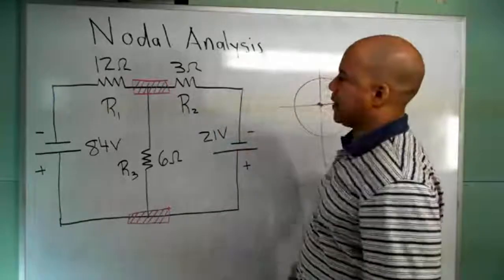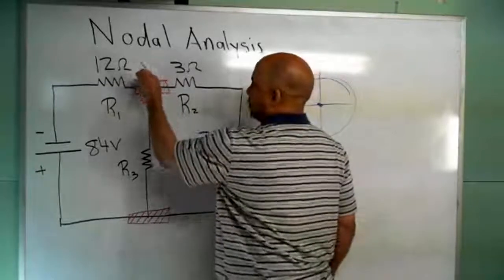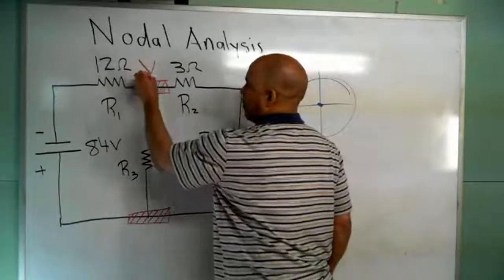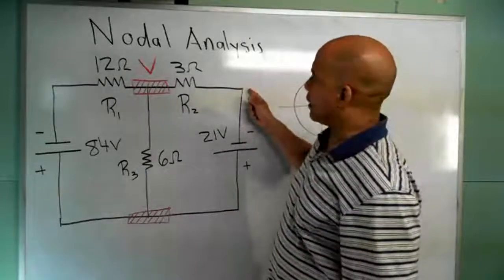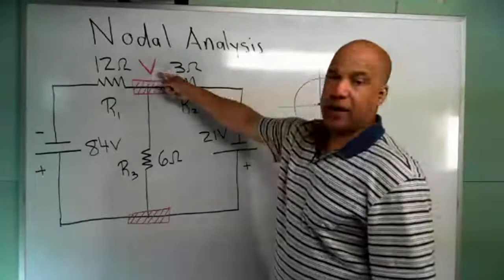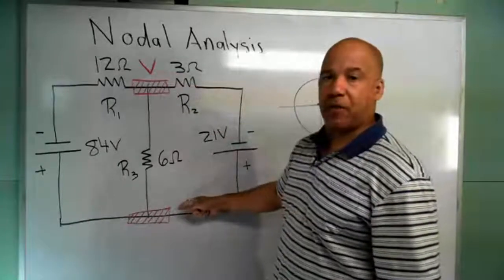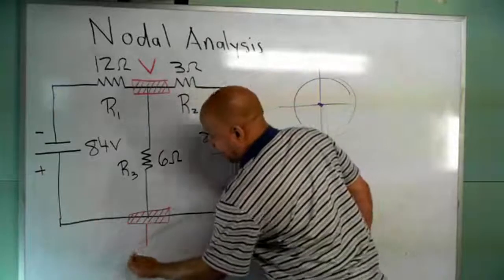So the first step is to identify and name the node. So I'm going to call this V. This is node V. If I had another node, I could call it VA and VB. But I got V as my main node, and down here it's called my reference node. So to show it's a reference node, I'm going to put the ground symbol down here.